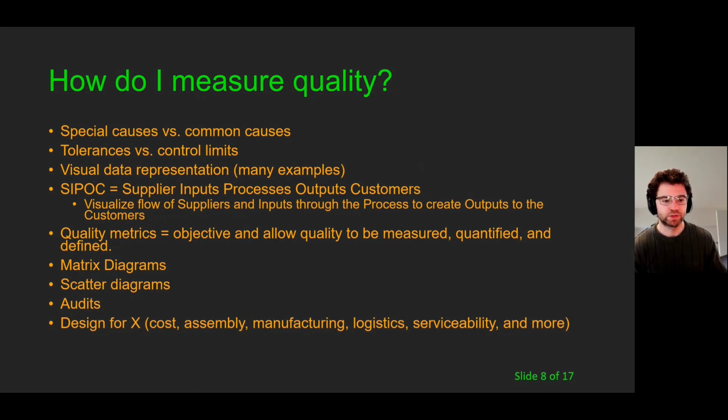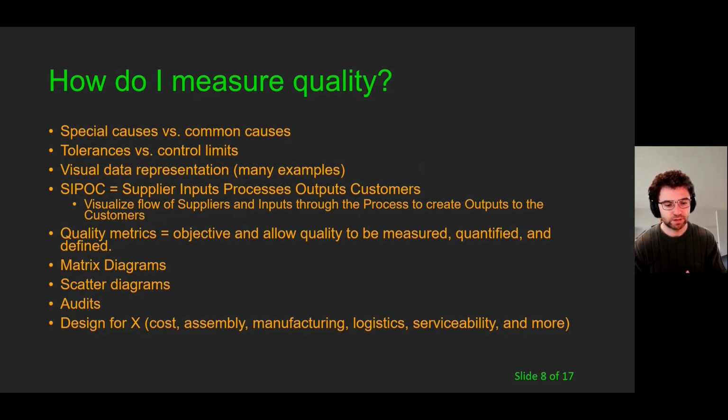So just to really go back on special and common causes, just as their name suggests, when we talk about special and common causes, we're really talking about the Pareto rule, 80-20 rule. So 20% of something might be causing 80% of our problems, or vice versa.